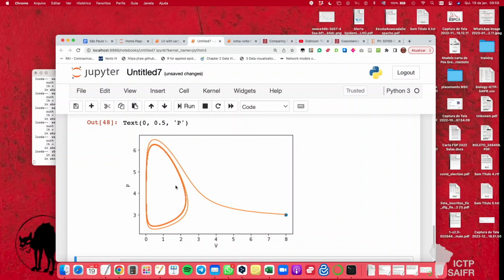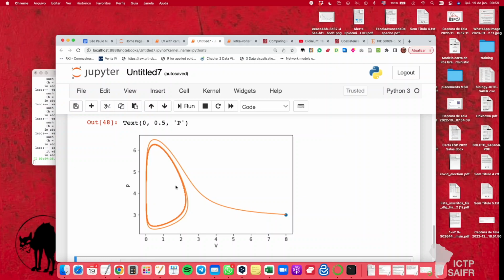I start somewhere with a certain condition, and I approach a stable oscillation, but this stable oscillation is the same for any initial condition. And this is much better than the Lotka-Volterra case. Remember, in the Lotka-Volterra case, if I start with a certain initial condition, I have a certain period and amplitude, and if I change the initial condition, I change also the period and the amplitude. Now, not here.